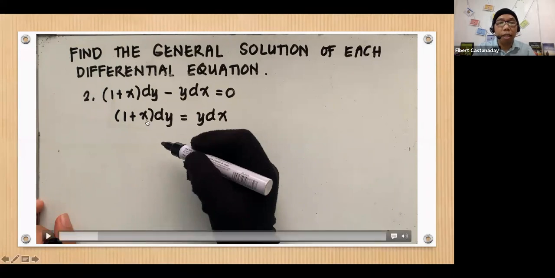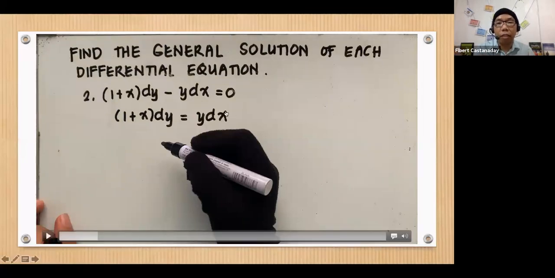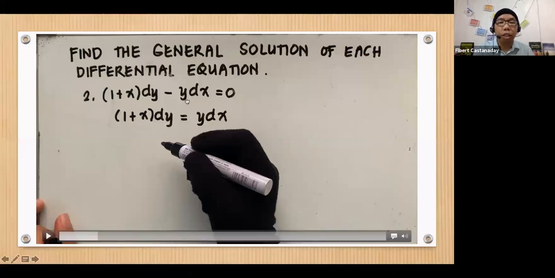Yung left-hand side, nilatain ko yung dy, since I'm after a final answer where the left-hand side is a pure function of y, yung right-hand side, nandun yung variable x or the independent variable. Now, transposing this term to the right-hand side, I have 1 plus x times dy equals y dx.